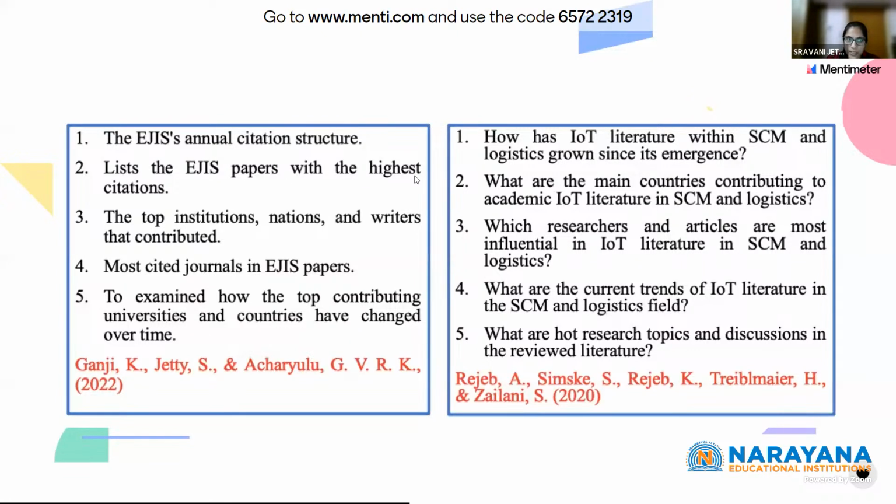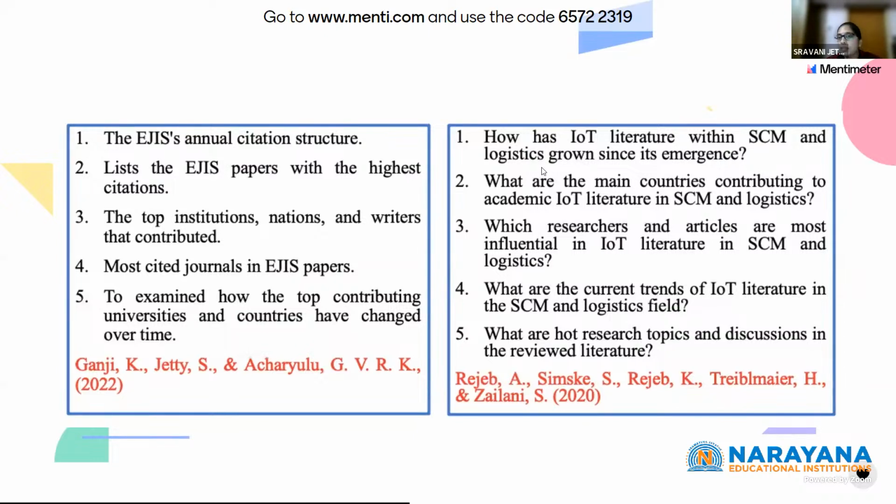We are listing the highest cited papers in that journal, and which are the top institutions, nations, and authors that have contributed to this journal. And we have also examined how countries and universities have contributed to this journal over the years. And this is one way of writing the paper.